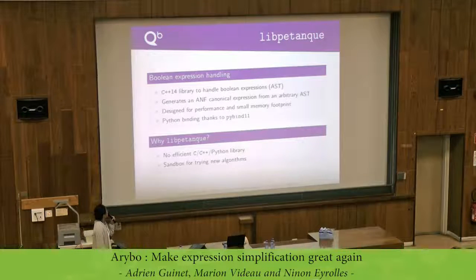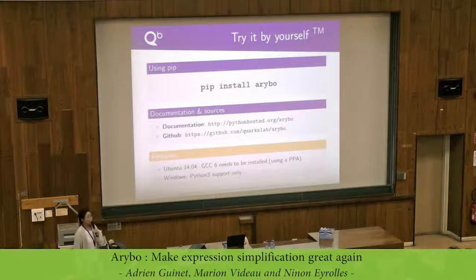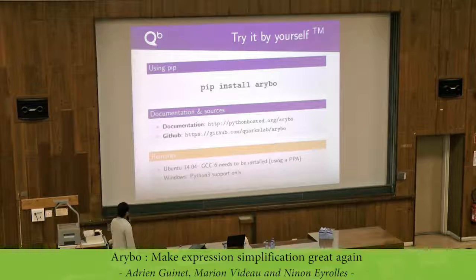And why do we do that? Because there is no efficient equivalent library, and we can use it as a sandbox to test several things, for example in crypto. And you can try it by yourself. And as there is Wi-Fi in the amphitheater, you can even try it now live.